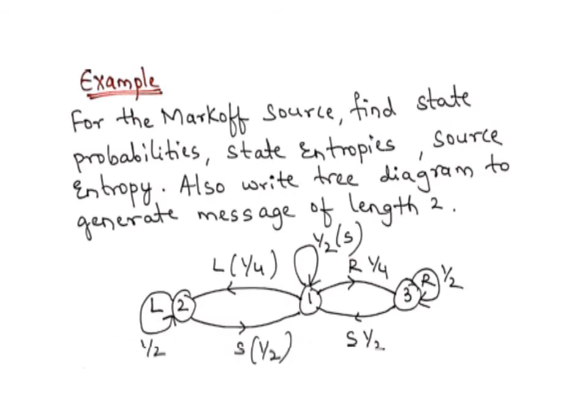So let us consider example 3. For the Markov source, find state probabilities, state entropies, source entropy, and also write the tree diagram to generate messages of length 2.